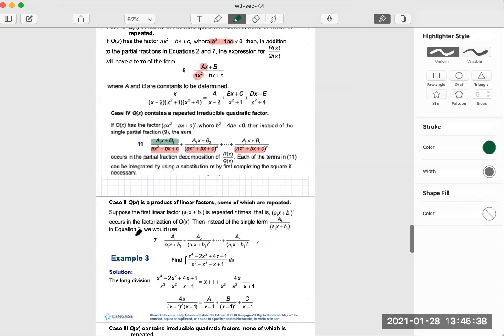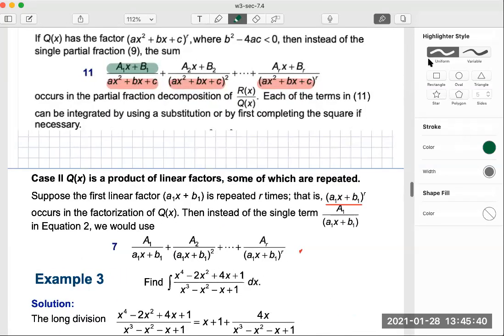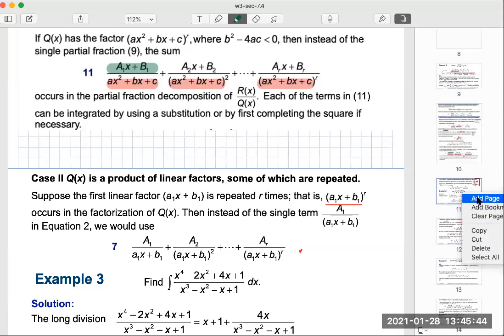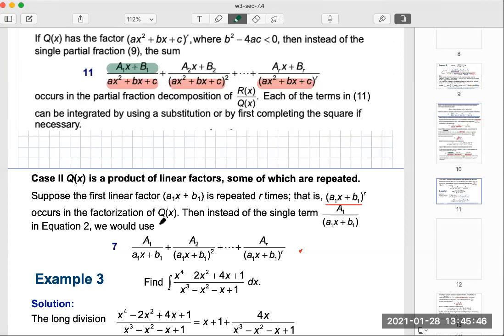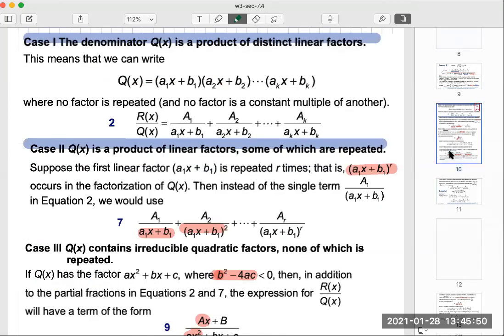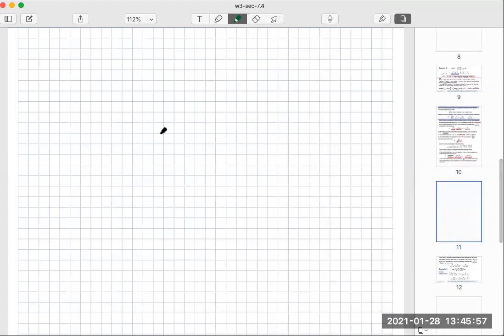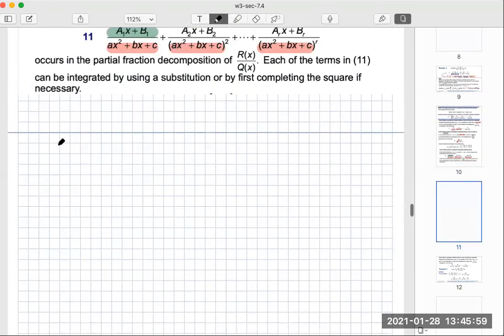And a reminder that sometimes the rational factor is improper.